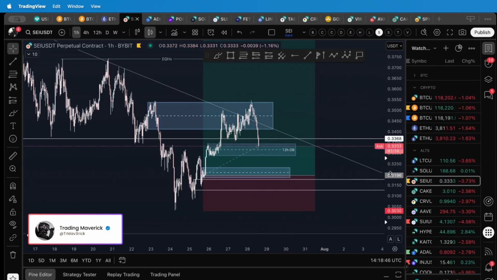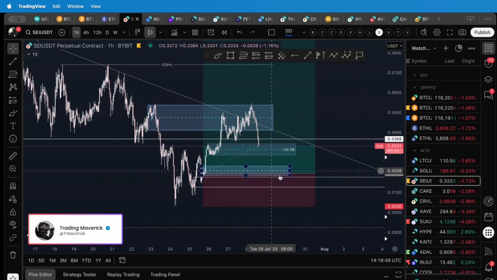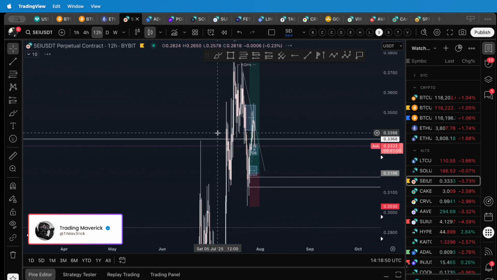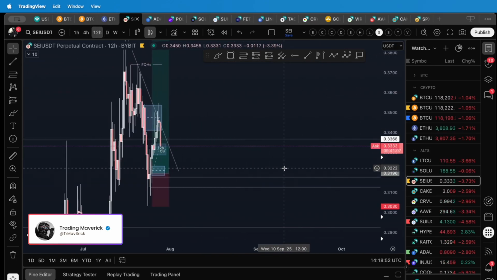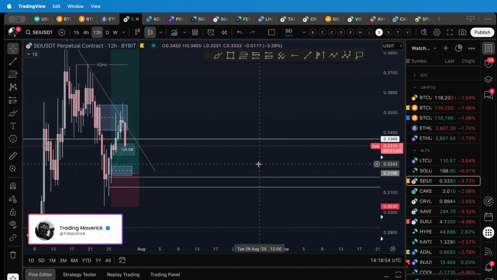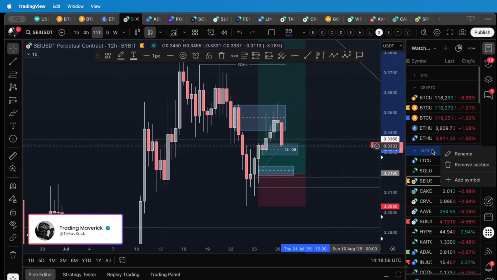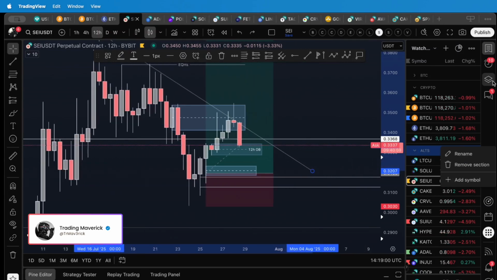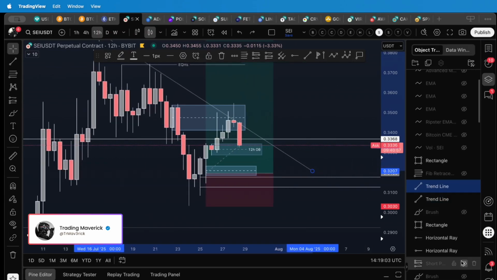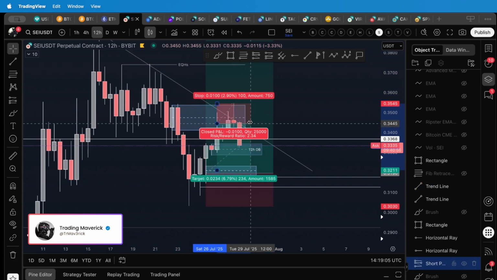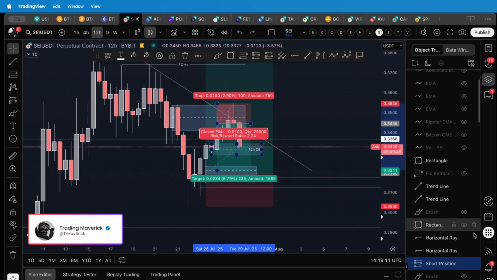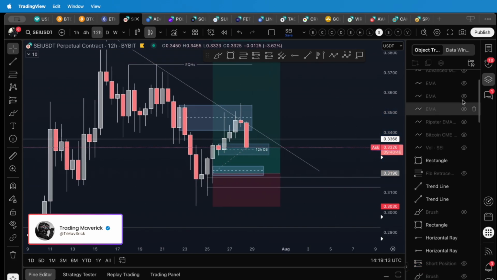And Sei honestly is looking really ugly on 1 hour. H12 still looks decent, but we'll have to see. Looking at it now, the short would actually play out pretty nice if the stop loss were a little bit higher, but let's see.